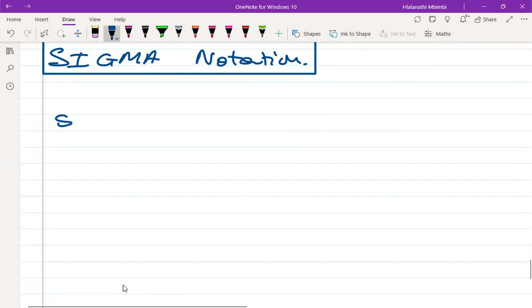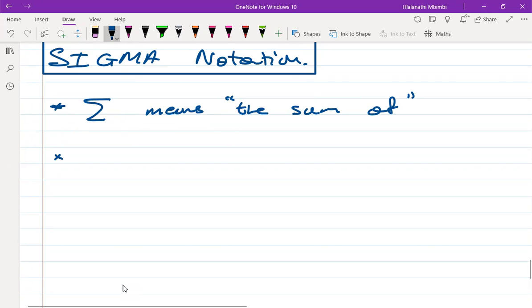Remember we said a sum is, if you're summing, for instance, 10 things, you can write that also with this. First let me tell you that this symbol over here means the sum of whatever is inside, which we're going to look at how to read.